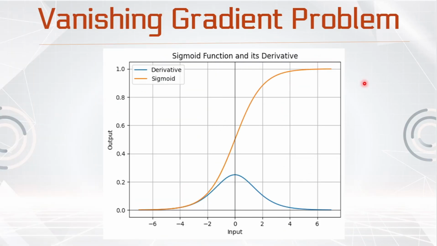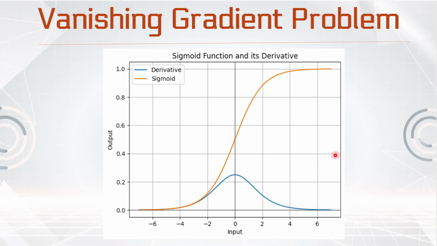Vanishing gradient problem happens during backpropagation. During backpropagation, in order to update weights, we need to multiply by the derivative of activation function in every layer. And here you can see derivative of sigmoid function, which is the blue graph, and the maximum value is 0.25. And usually it's not that high a value, it can be in these areas between 0 and 0.2.